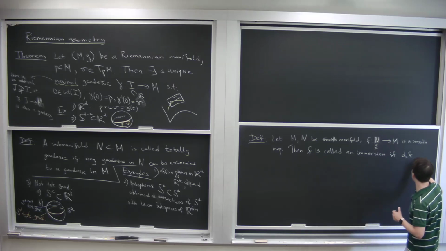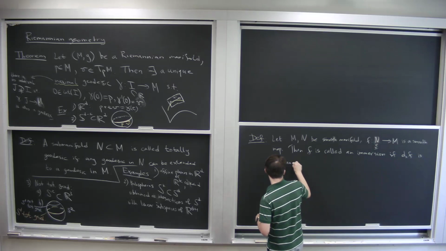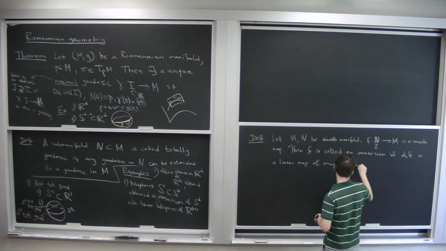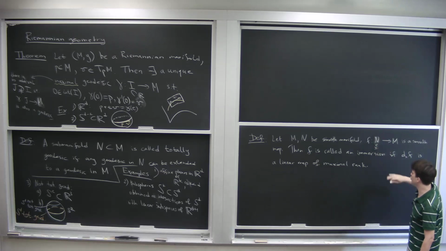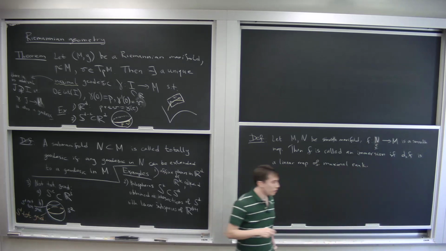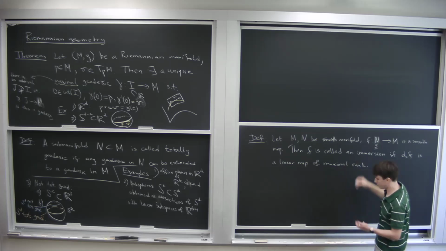It is a linear map of maximal rank. Obviously, this implies that my matrix, the dimension of n is less than or equal to the dimension of m, right? That's the way to say it.